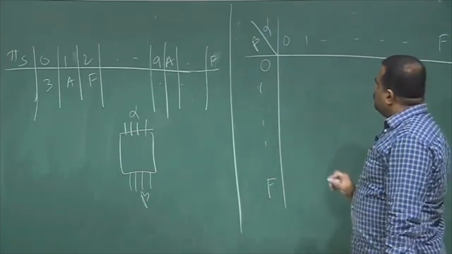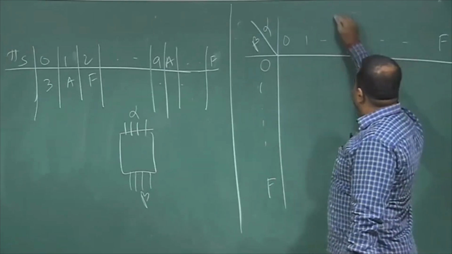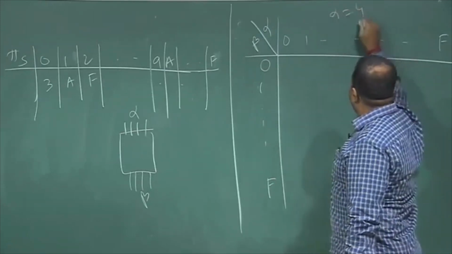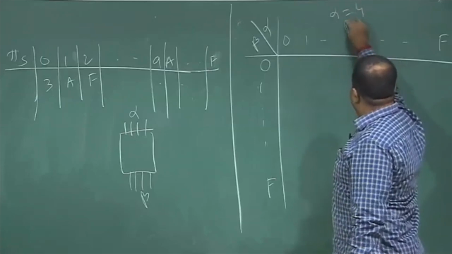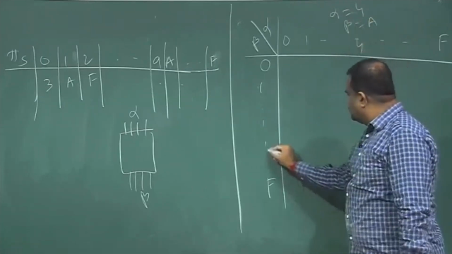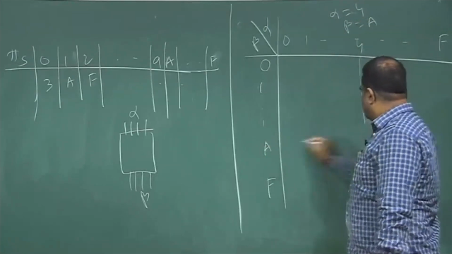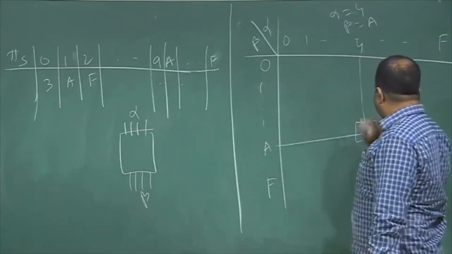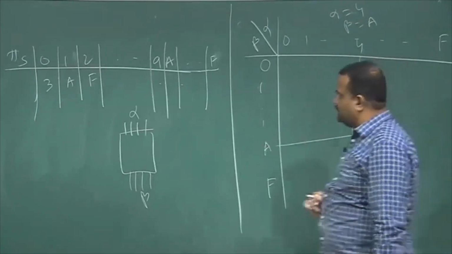Okay. So now we take an alpha and beta. Say we choose alpha equal to 4, and beta equal to a. Now we want to fill up this table. This table is a frequency table basically.